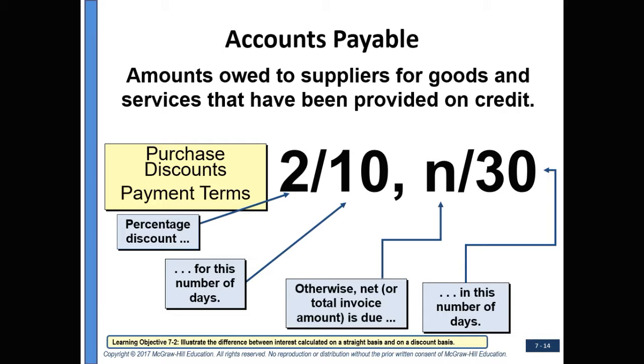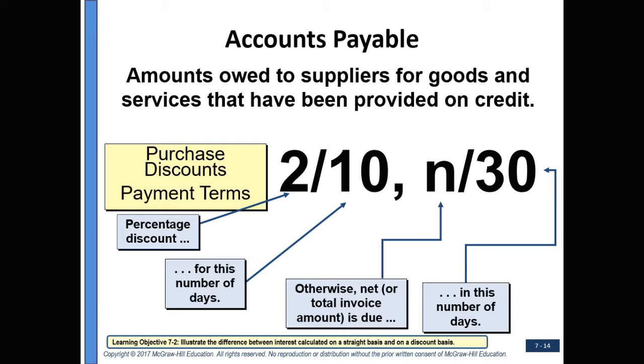There are a few things that occur with different vendors. Vendors would like their accounts receivables to turn over quickly, like you would like your accounts receivables to turn over quickly. So they provide a discount. For us, this is called a purchase discount.